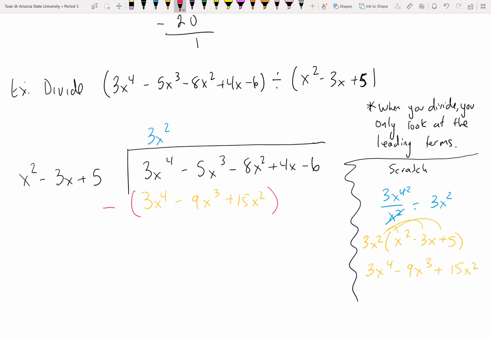You guys aren't that great with subtraction. I'm not saying you don't know how to subtract. I'm saying you make silly mistakes when it comes to subtraction. You know yourselves better than I do. So if you know you are the type of person that goes, you know what, Mr. Vo, I know that 3 minus 5 is negative 2, but I just keep writing a plus 2 there because I make those mistakes, this is my suggestion. Take it or leave it. You don't have to do this.